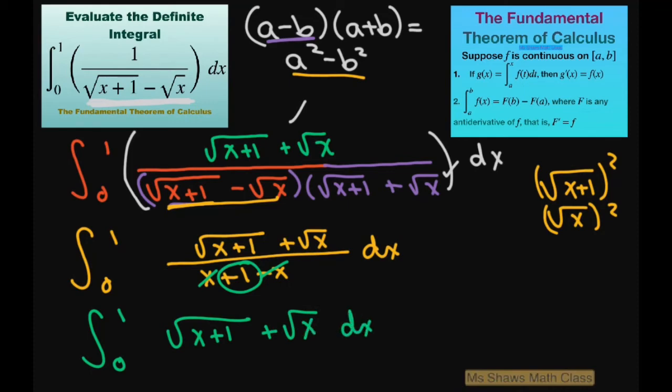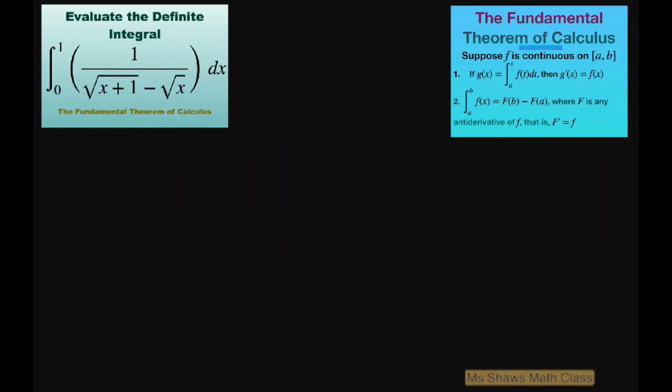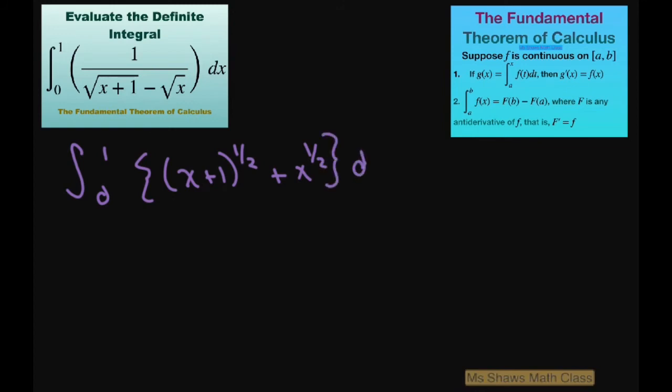Now when you integrate this, let's rewrite it as the integral from 0 to 1, in rational form, of x plus 1 to the power of 1/2 plus x to the power of 1/2 dx.